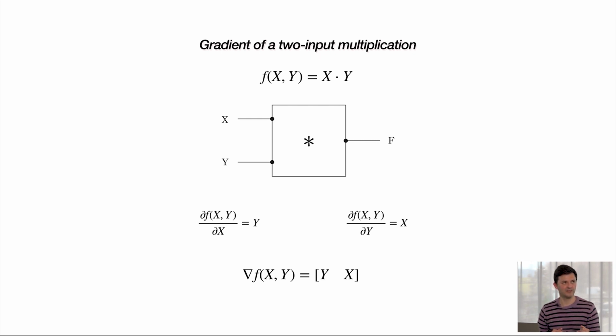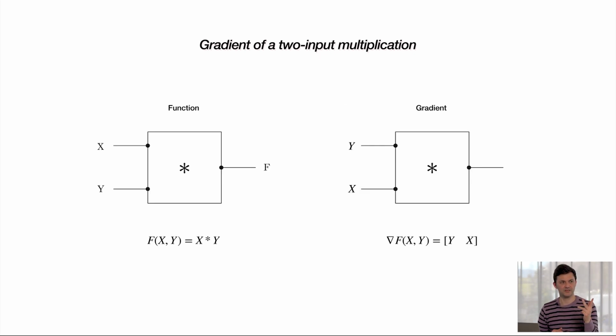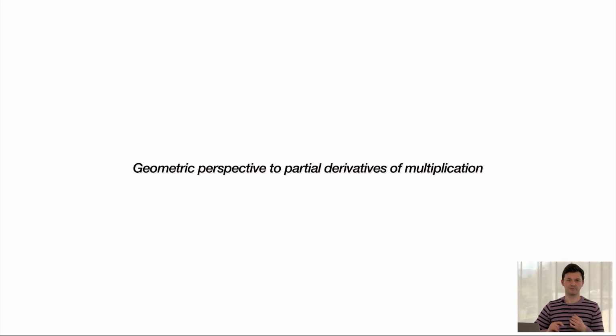So we can now write that the gradient of f of x and y is a vector containing y and x. So it kind of flips the input and output. So xy becomes yx.